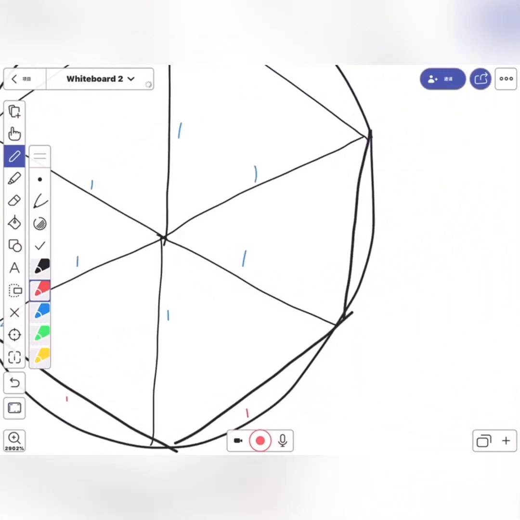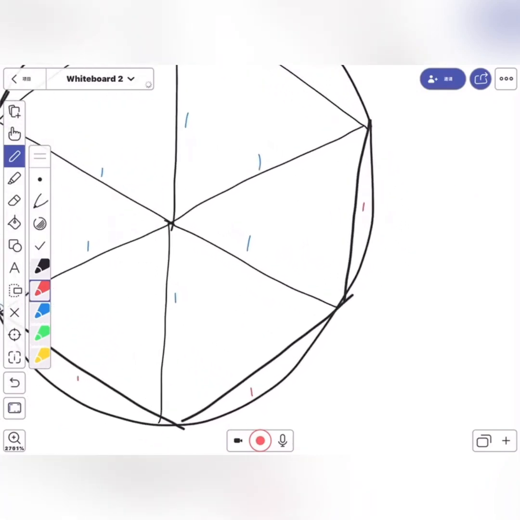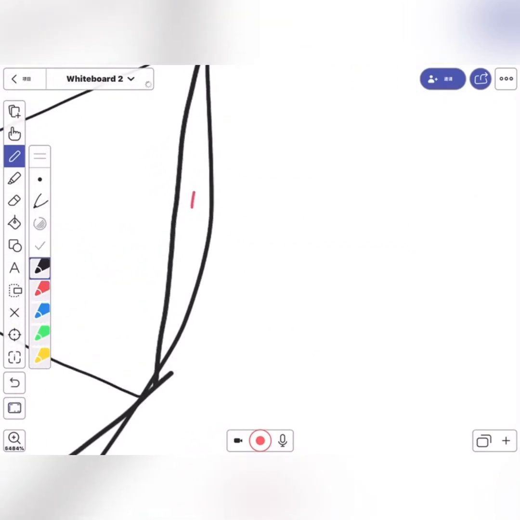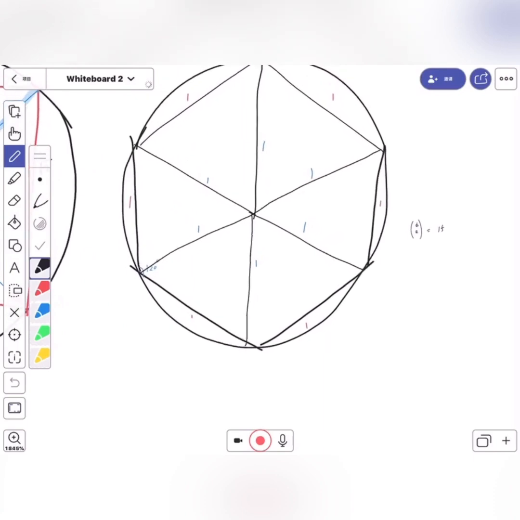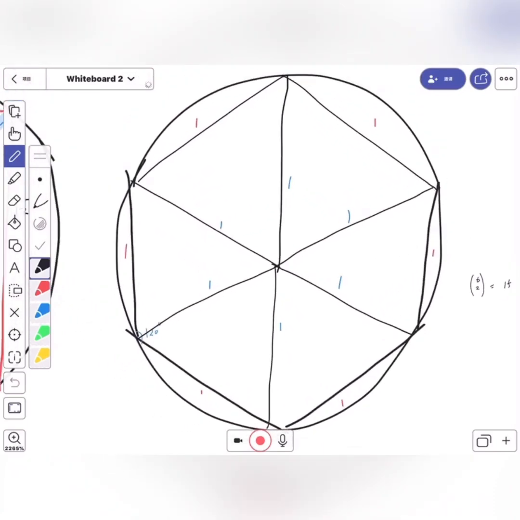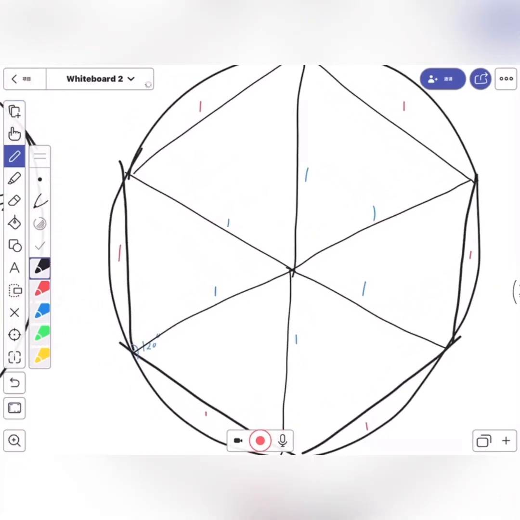Now we don't want to skip some of the cases, because theoretically there are 6 choose 2, equal to 15 different diagonals and edges, so we have to account for the others. We're going to have one in this shape, one in this shape.